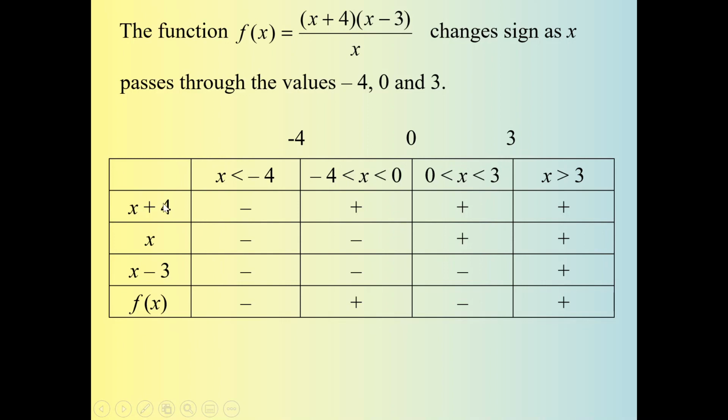We draw the table for this table of signs. -4, 0, and 3 are the three critical numbers. There are 4 intervals. On the left hand side, we are going to list all the factors: x + 4, x, and x - 3.